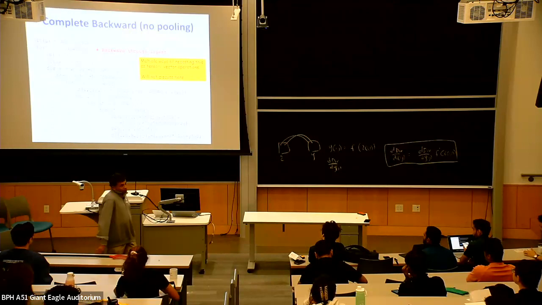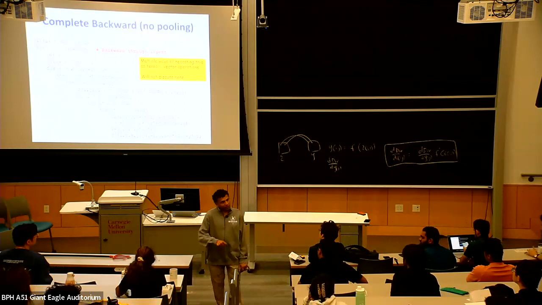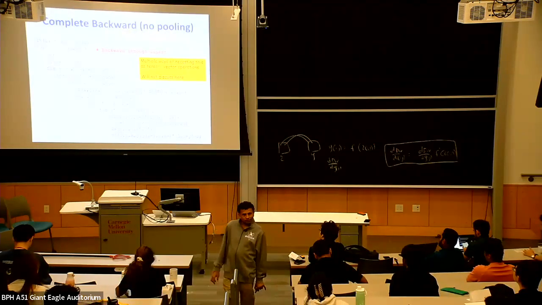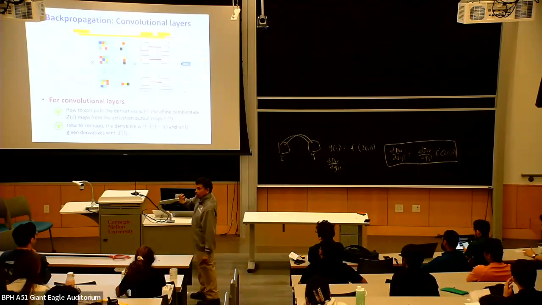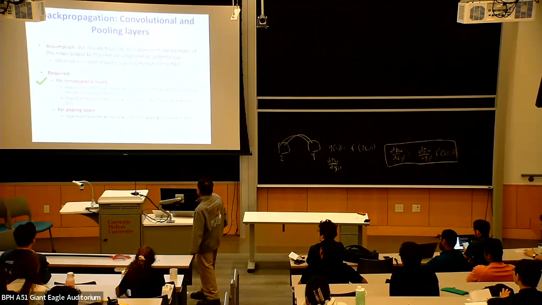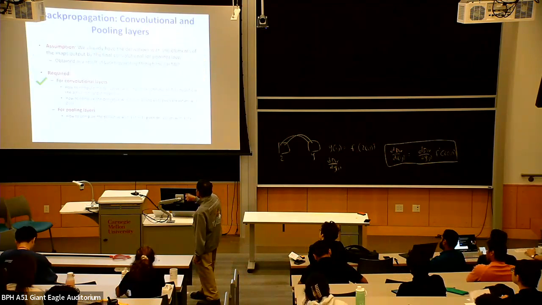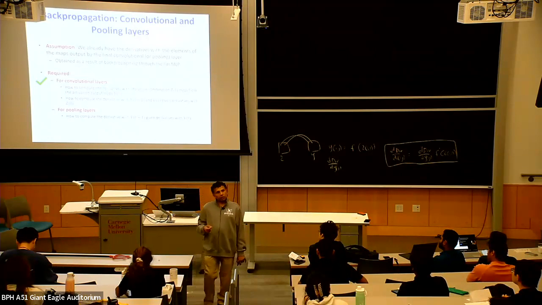The derivatives look scary till you actually begin drawing pictures and painting them, and then you realize there's nothing going on. So we've taken care of the convolution layers. The next thing is pooling layers. How to compute the derivative of the input of the pooling layer?